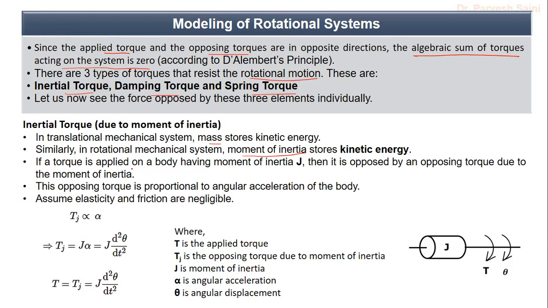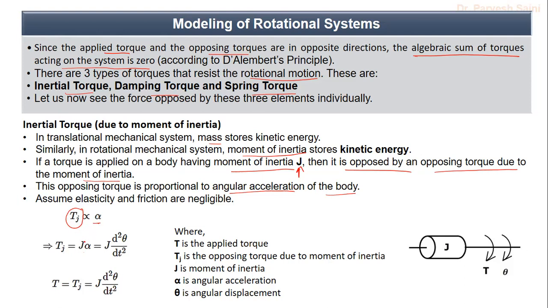Now, if we apply a torque on the body having moment of inertia J, then it is opposed by an opposing torque due to the moment of inertia, right? This opposing torque is proportional to the angular acceleration of the body. So if Tj is the torque that opposes the moment of inertia, it is proportional to alpha.